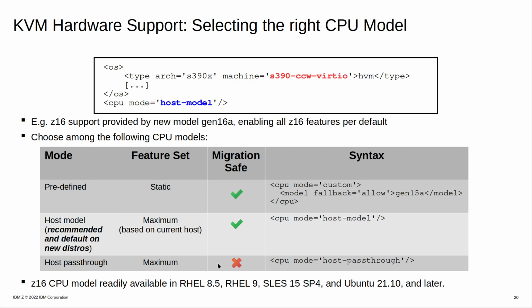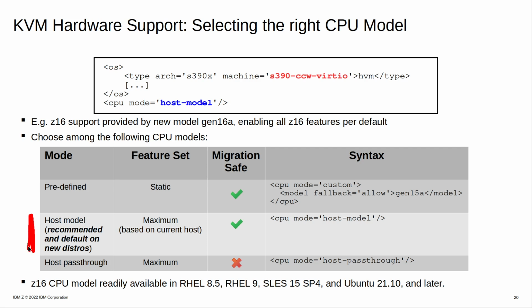This one is a classic, which we point out all the time. When you are defining guests in KVM, we definitely recommend that you make sure you use the right model for the respective guests in the guest XML or domain XML as it's called, and that would be the host model.